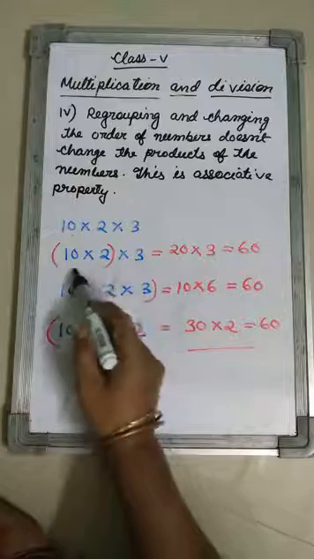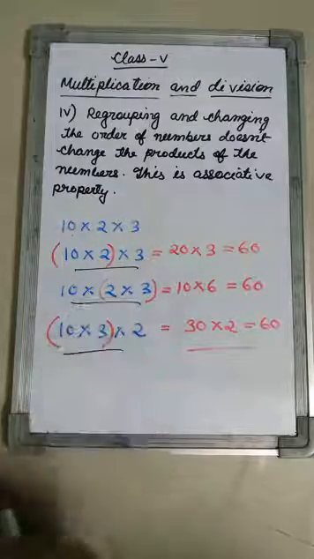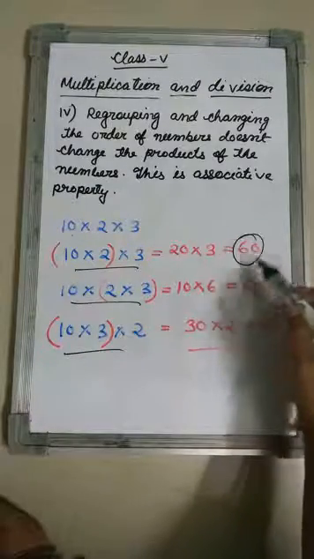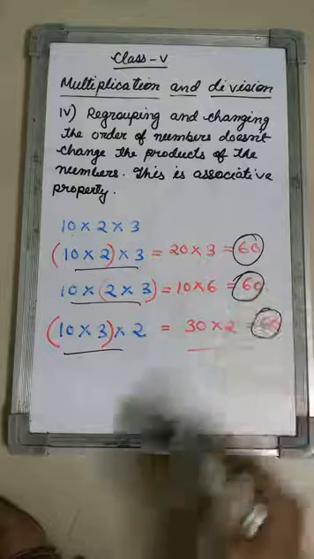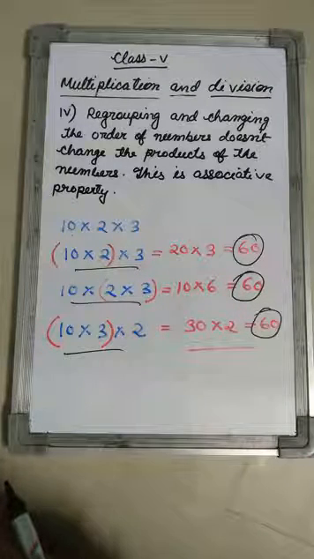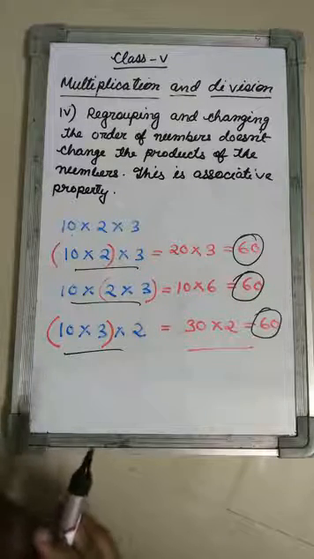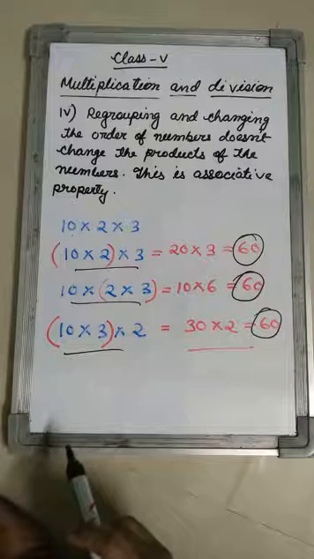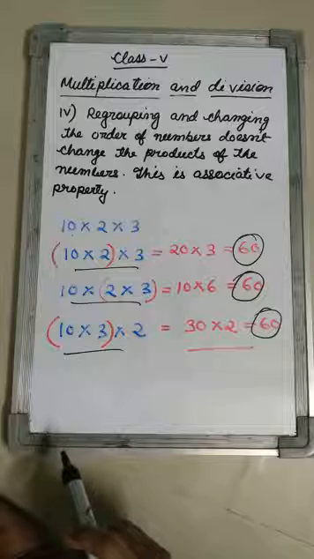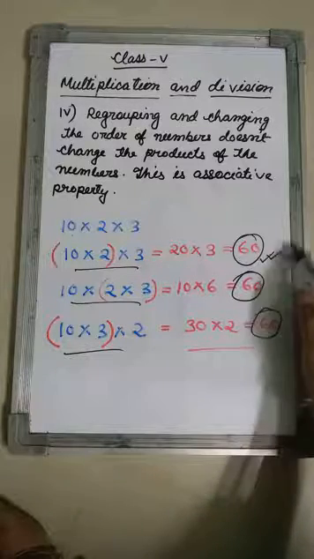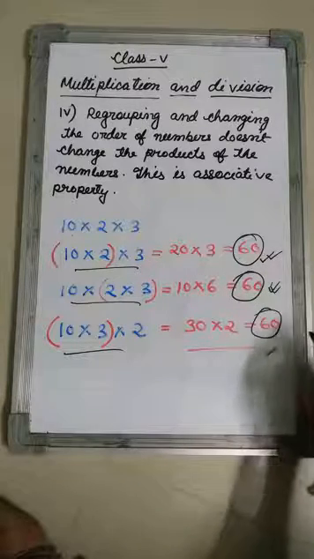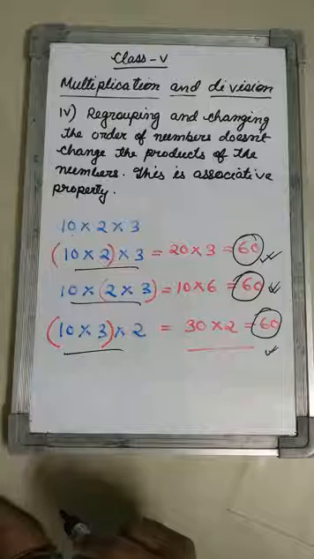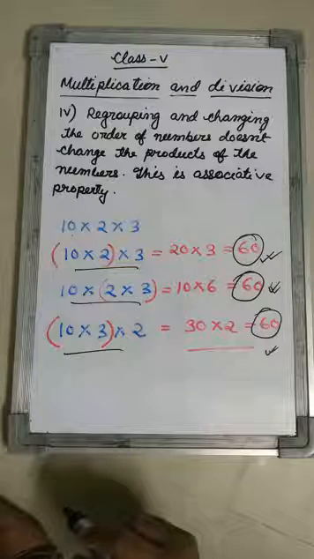Though we have changed the groups, what we can see is that their product is the same. So changing the order of the numbers or regrouping, that means making different groups, will not change the product of the numbers. This is associative property. So it is also very important.